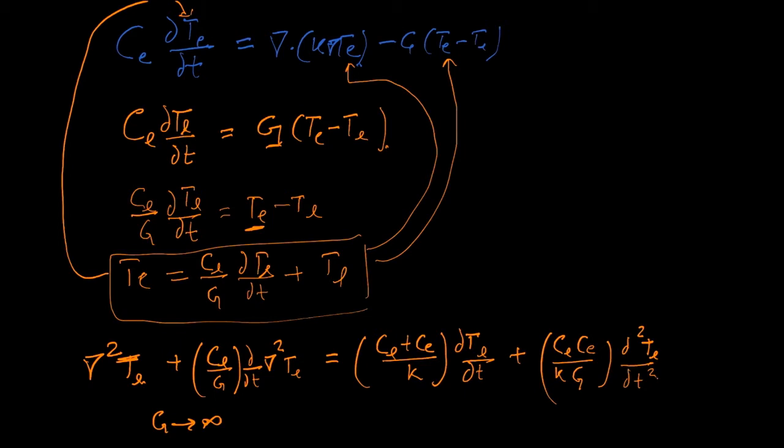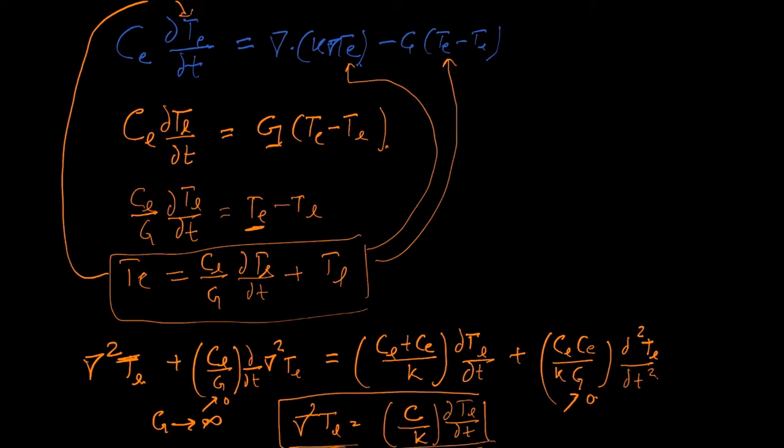If G tends to infinity, this term goes to 0, and this term also approaches 0. So we are left with the gradient square of T_l equal to the total heat capacity C, then K, dT_l/dt. This is a standard diffusion equation we are familiar with. So if the electron and phonon systems exchange heat at an infinite rate, we recover our original equation of the lattice.